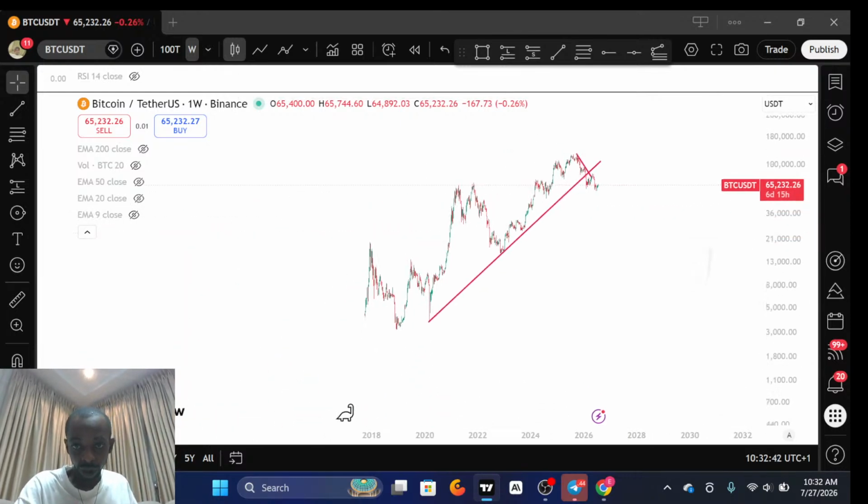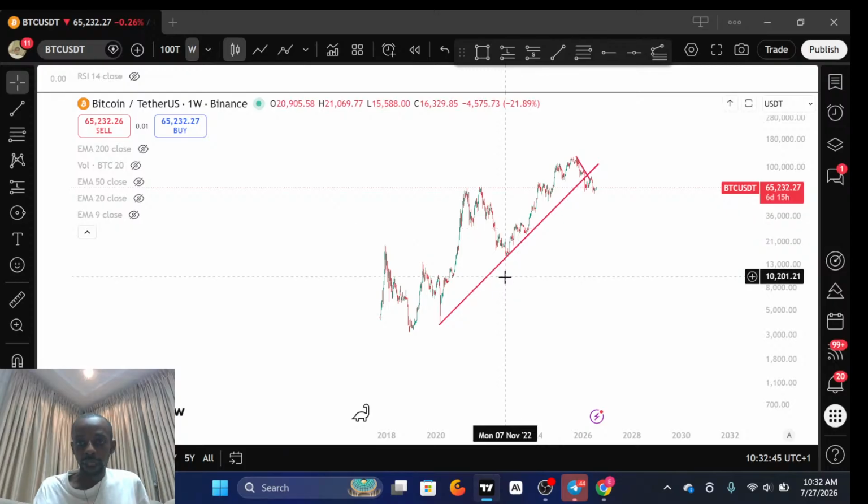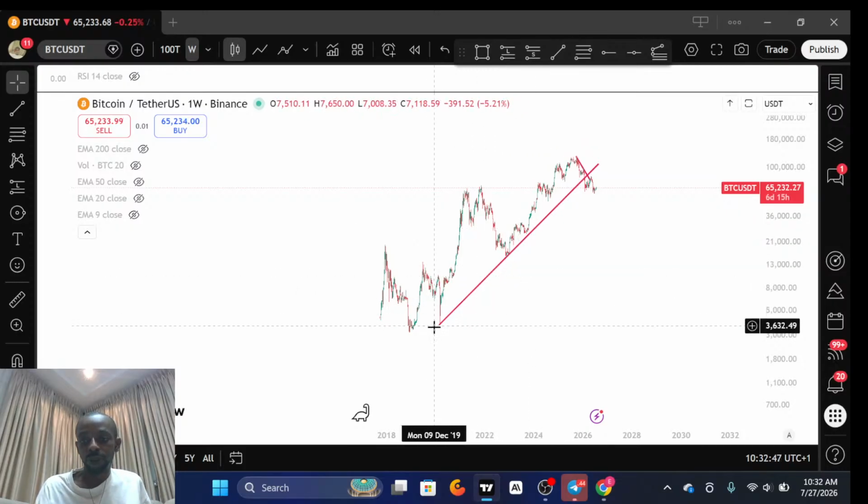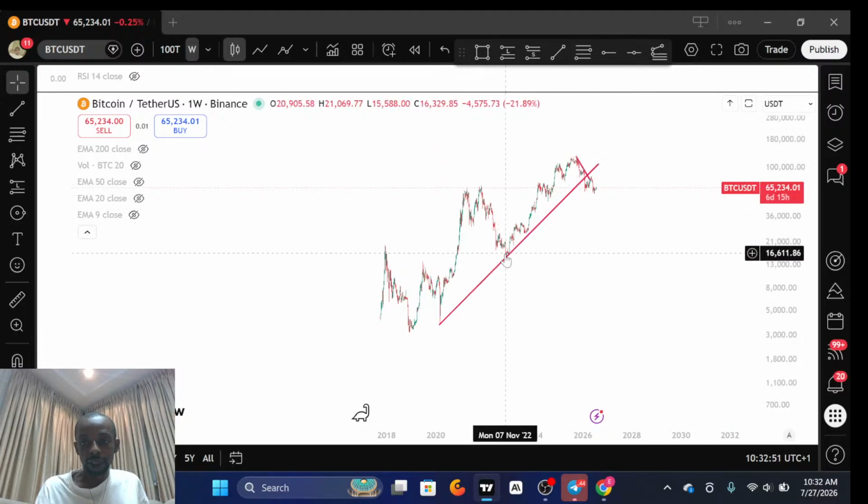So for me as a trader, what I'm seeing now is the market has bought from this place around 2019, came back, retested this trend line, went up again, tried to retest it, then it has broken this level.